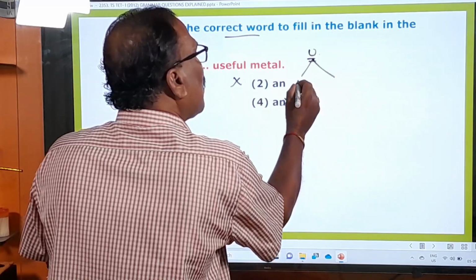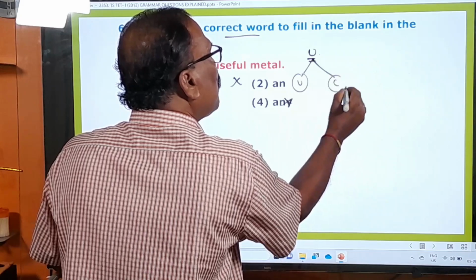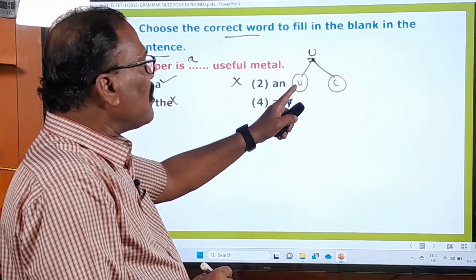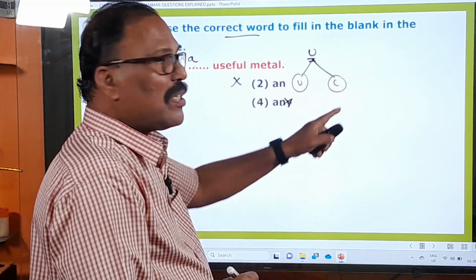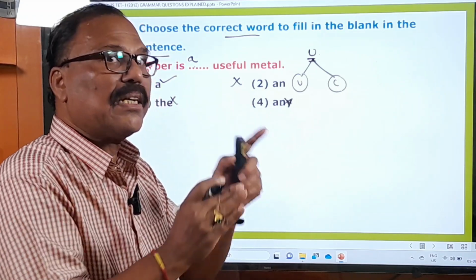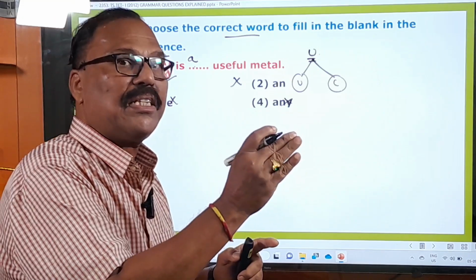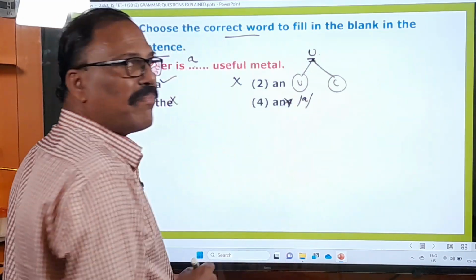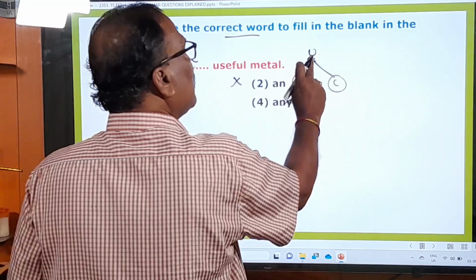Sometimes a vowel sound, sometimes a consonantal sound. So it's a dangerous vowel. And when should we think it is a vowel sound, and when should we think it is a consonantal sound? Whenever this U gives you the sound of uh, then you must think it is a vowel sound.